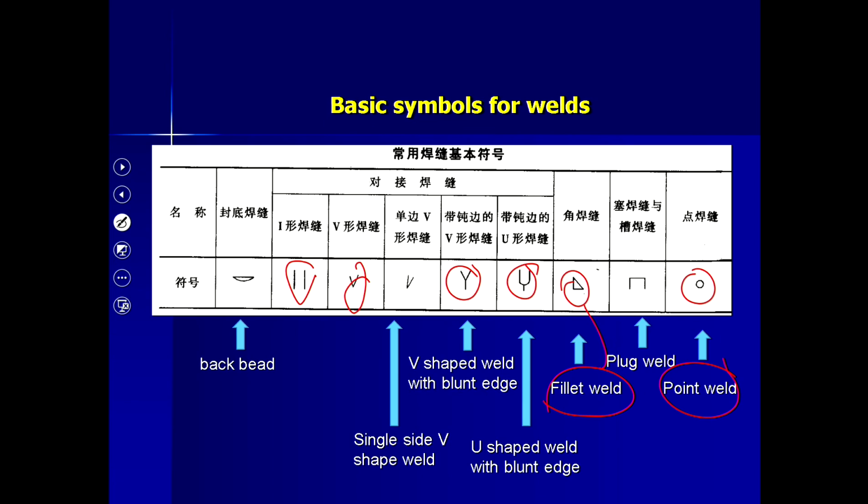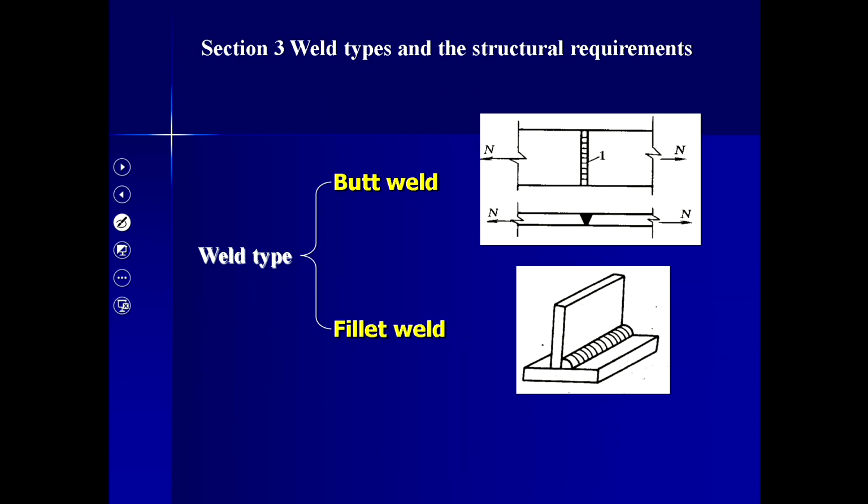For different welds we will use different types of symbols, and then we can plot them in the figure to ask the worker to print it. You can see the butt weld for the two parts, and the fillet weld for the two parts.